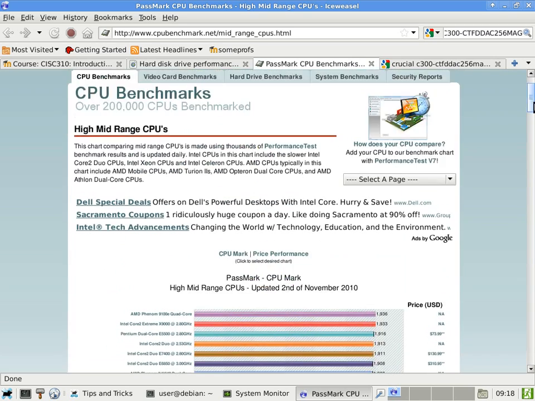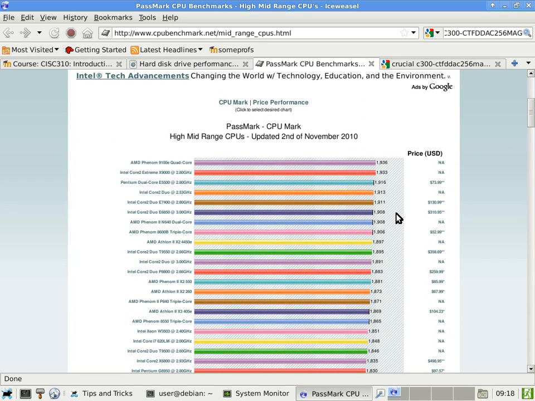But if you look at the top 5, it makes almost no difference. The top one is 1936, and the 5th one is 1911. It is inconceivable. You cannot tell the difference unless you have a benchmarking software like this, or use a stopwatch. You have to be running some kind of program for days for this kind of difference to show up. So I thought that's a pretty useful website.